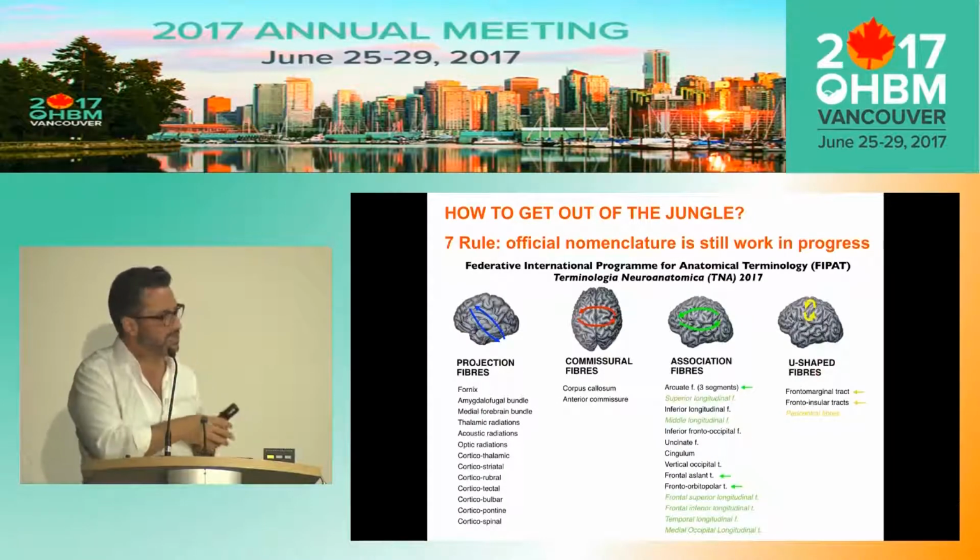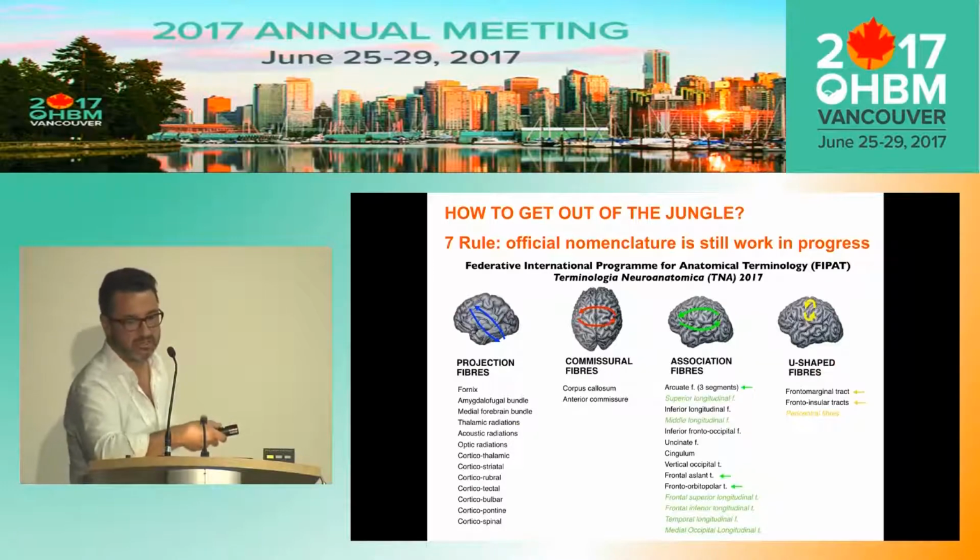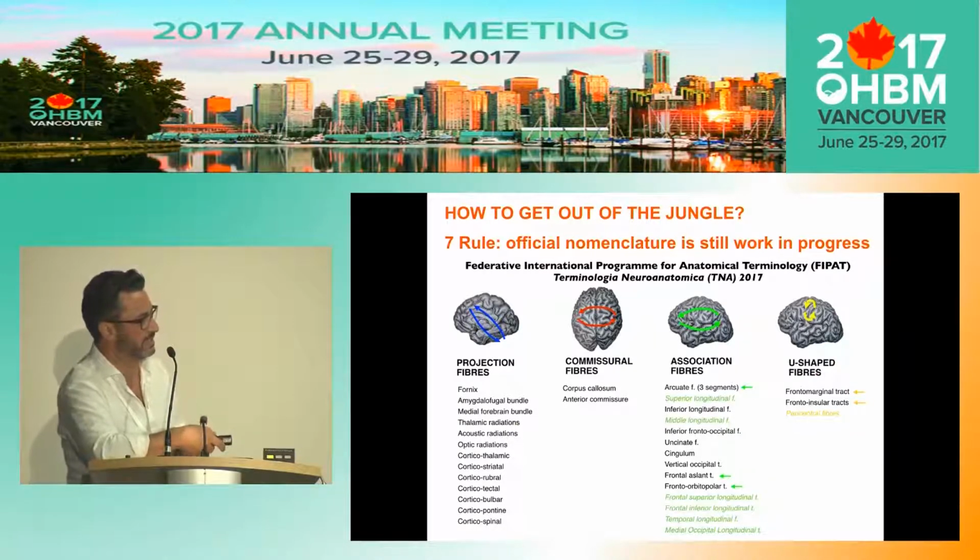Now, let me show you rule number 7, which is that the nomenclature is still a work in progress. There are some tracts that have been added recently, the ones with the green arrows there. Other tracts are still proposed, still discussed whether we should include them in the official nomenclature or not.